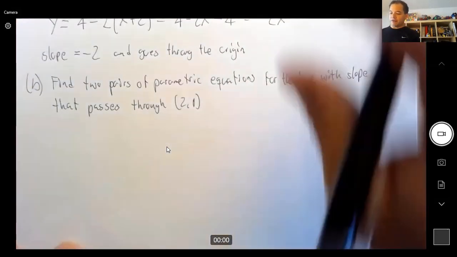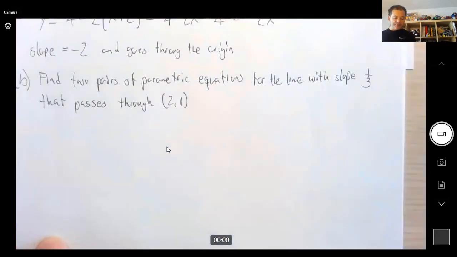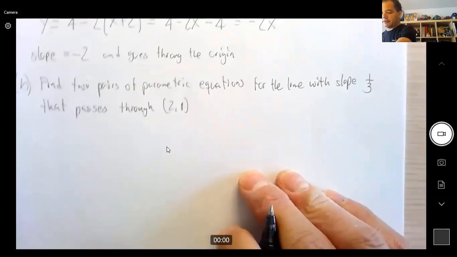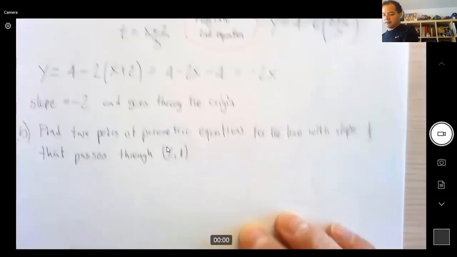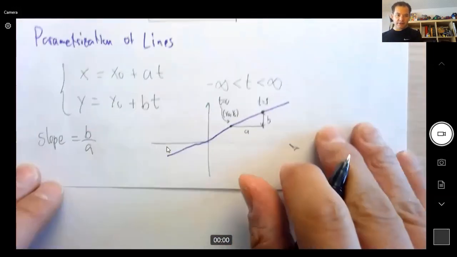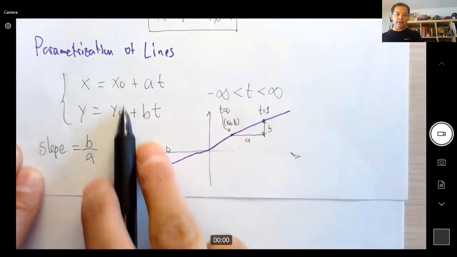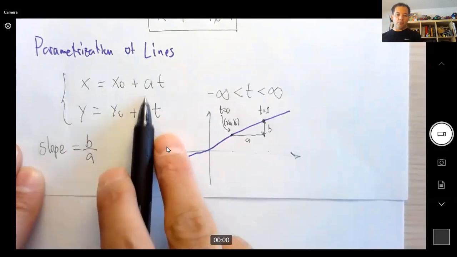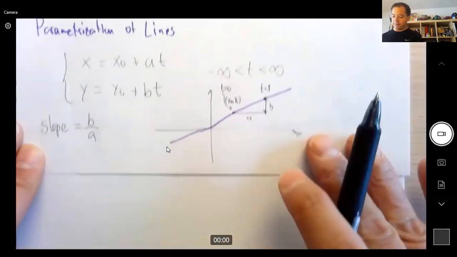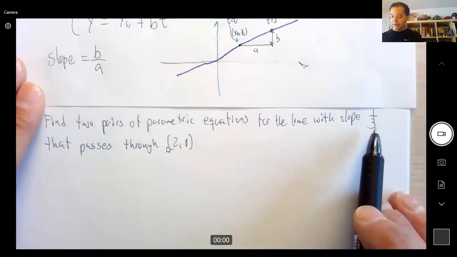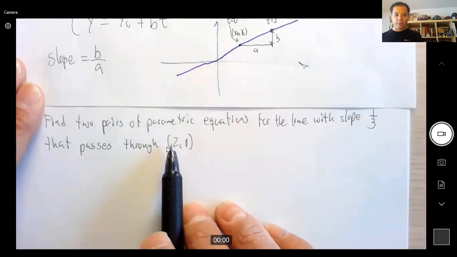Okay, so like we said, right, tons of ways of doing this, tons of ways. So the formula, maybe I'll put it back. Right here, right? So if we have a point, we put it here. And if we have the slope, we put it here. It's as simple as that. So in this case, we have slope 1/3 and passes through 2 comma 1.